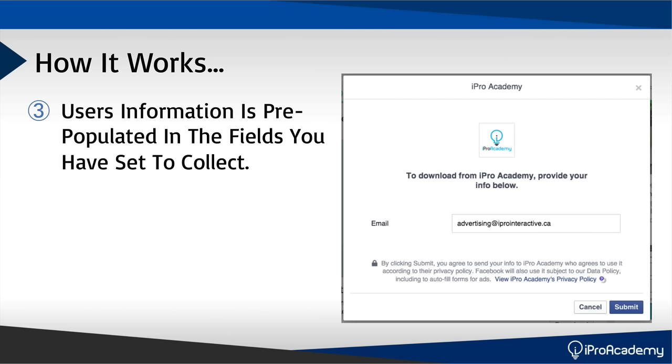You see my email address is already pre-populated inside the email field, because Facebook takes the profile settings and pre-populates all the information for you. Here, I'm just collecting emails. Later on in this video training, I'll show you how you can add more fields to collect.